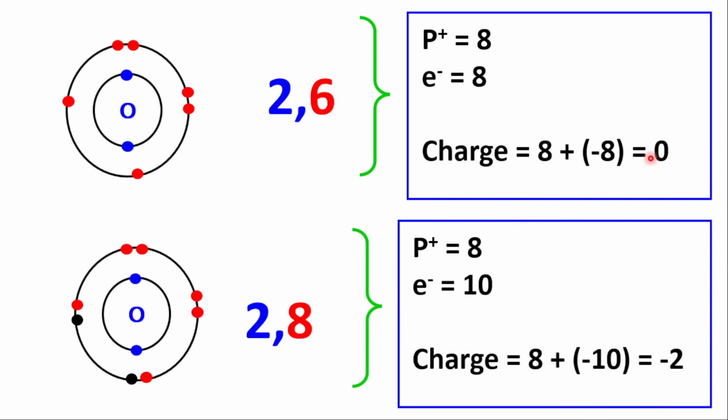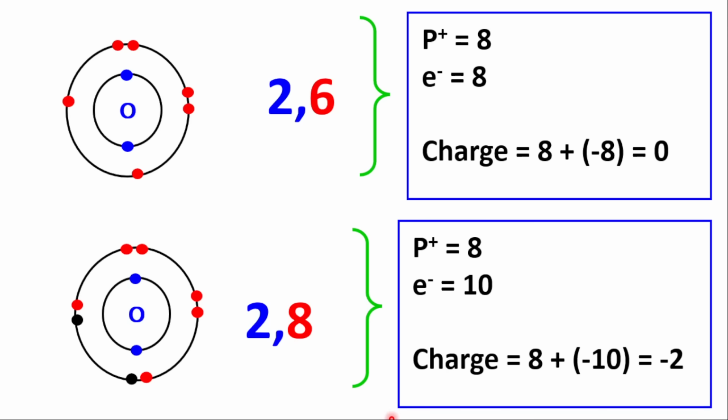However, now it gained 2 more electrons, which makes 10 electrons instead of 8, but we still have 8 protons. 8 positive plus 10 negative gives us minus 2. So therefore, oxygen becomes O2 minus.